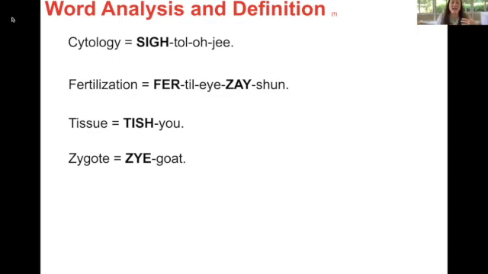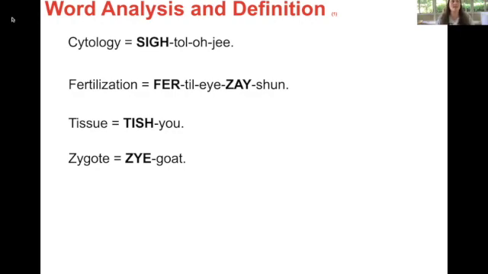So cytology, fertilization. Those are your key parts, and zygote. They have special emphasis because, English, I don't know. But practicing and actually saying these out loud will help you learn how to say these words properly.